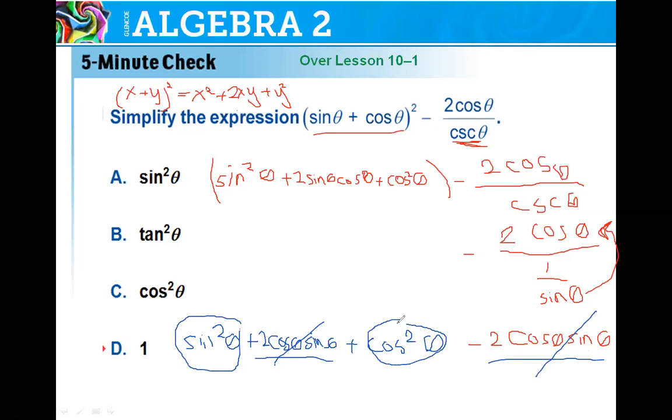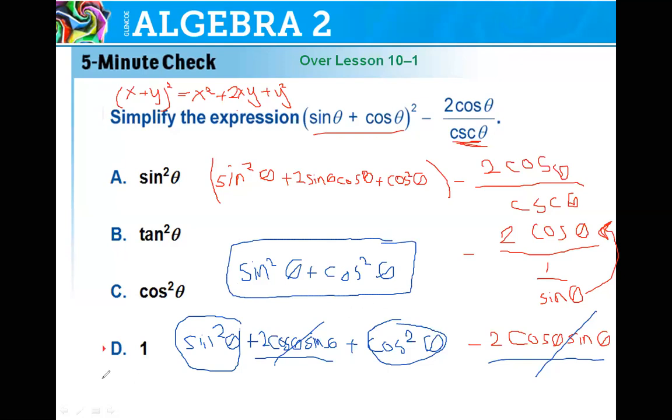Sine square theta plus cosine square theta is equal to 1, excellent. This is the first Pythagorean identity, sine square plus cosine square equal to 1, so the result is letter D.